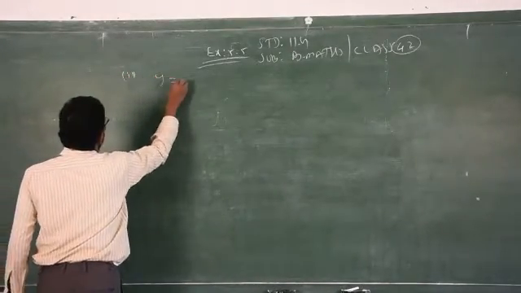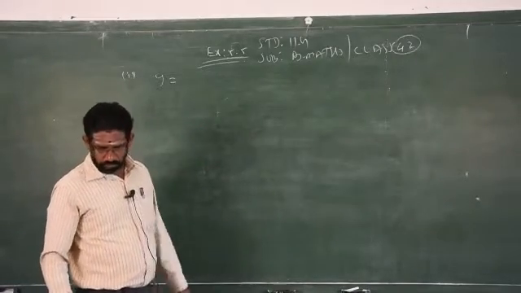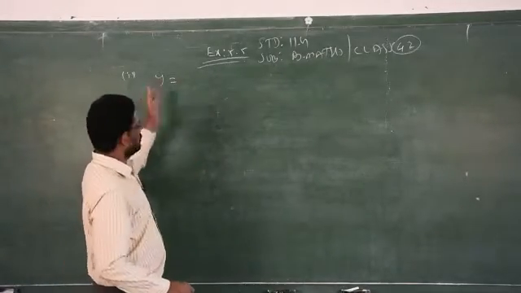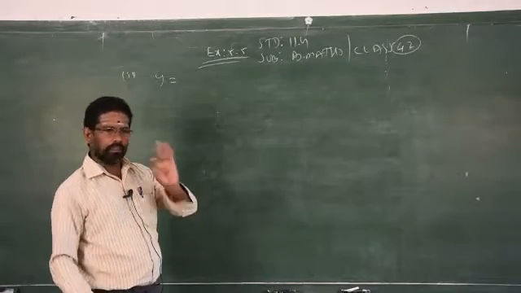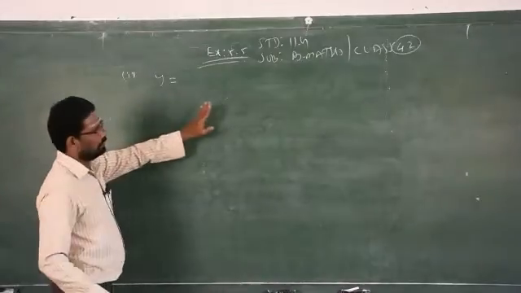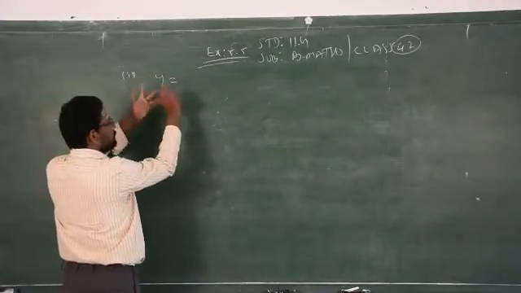You have to assign the given function as y, or you can consider that as z. But differentiate the following with respect to x. You have to differentiate the function with respect to x. You can take this instead of y, z, that is your wish.